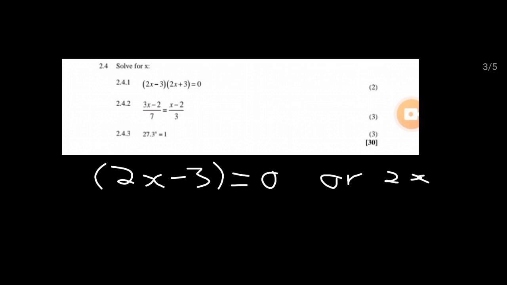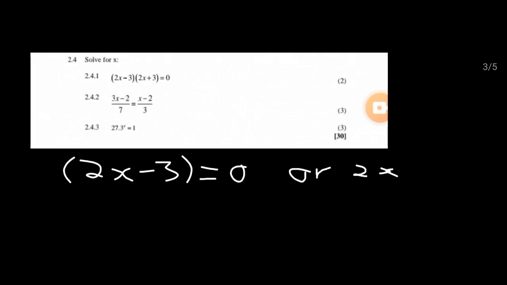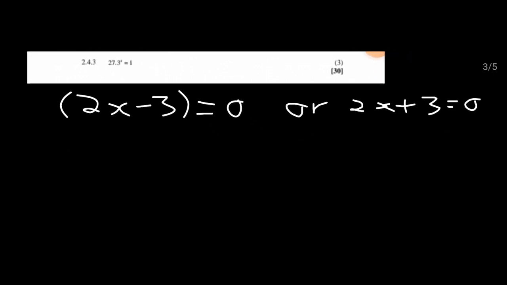Meaning here I'm going to say 2x minus 3 equal to 0, and then or 2x plus 3 equal to 0. You write it in your answer sheet like this. Okay, so there it is.